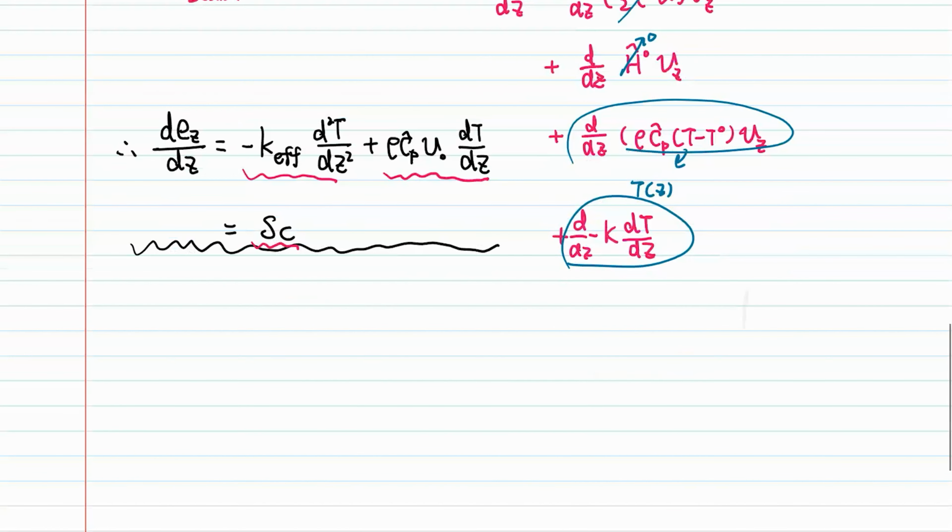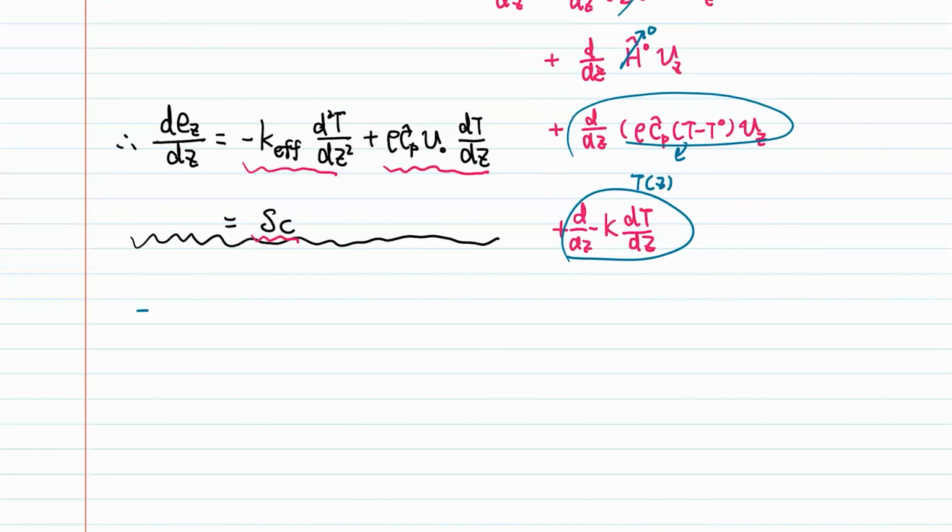So if we write this down, for Zones 1 and 3, we only have the following term. We only have the convective transport equals the conduction.